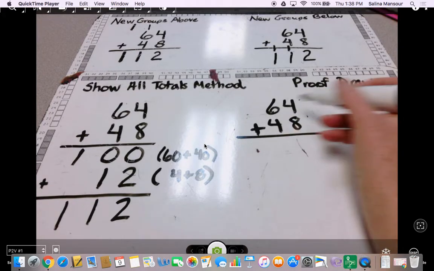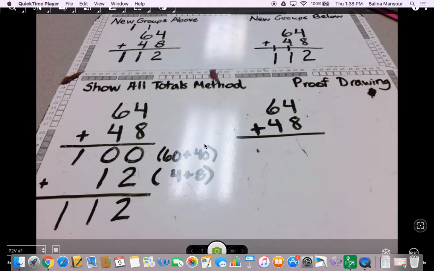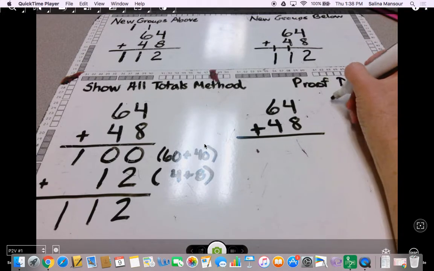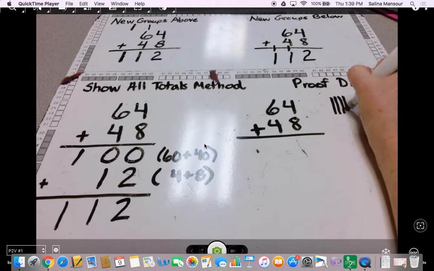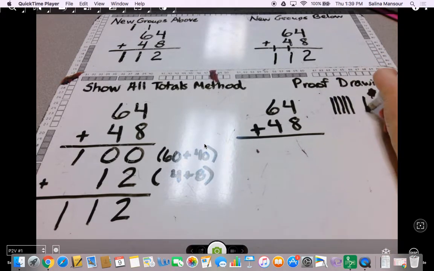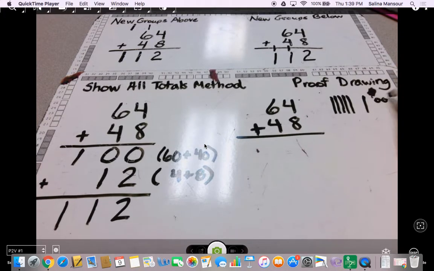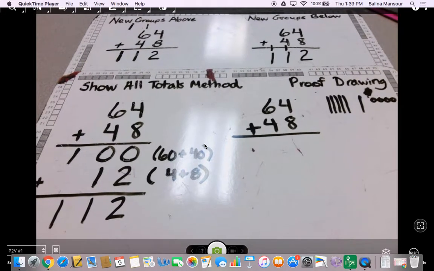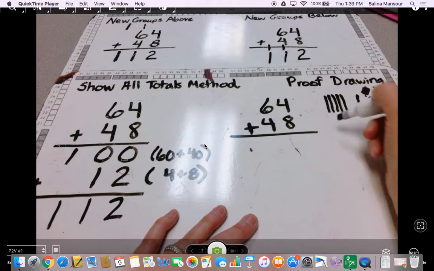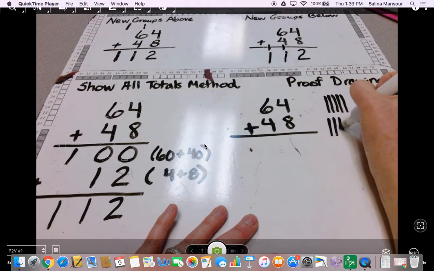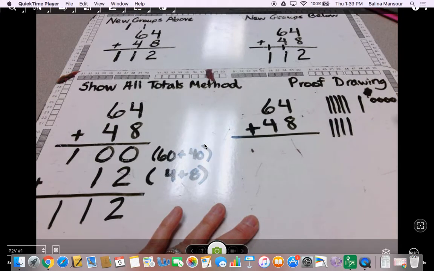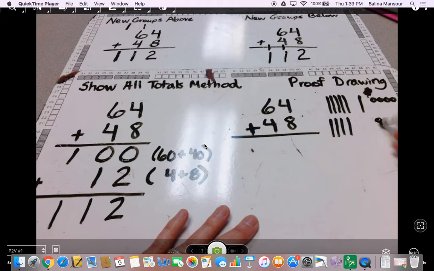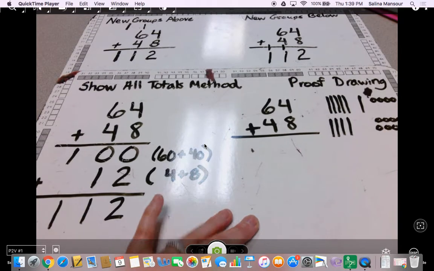So now I'm going to make my proof drawing, 64. I start by making 10 sticks in sets of 5. So 10, 20, 30, 40, 50, 60, 1, 2, 3, 4. And then 48. 10, 20, 30, 40. 1, 2, 3, 4, 5, 6, 7, 8.